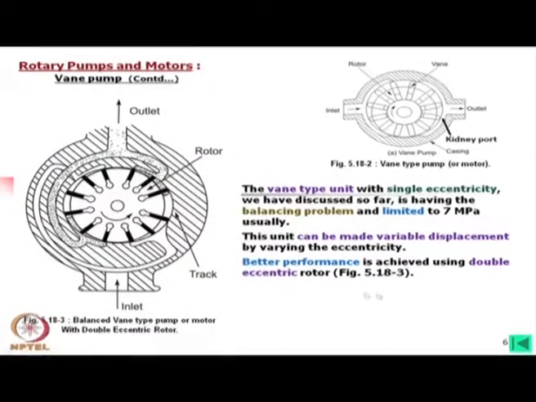What is it? In a double eccentric vane type pump, we can see that this cam, instead of circular, is like an ellipse, not exactly an ellipse, rather it is oval. This has a major axis and a minor axis.